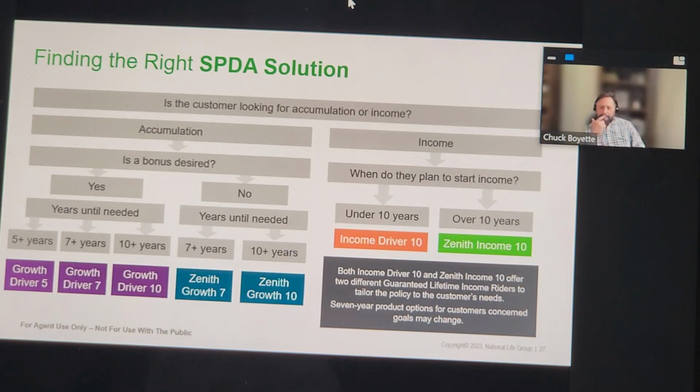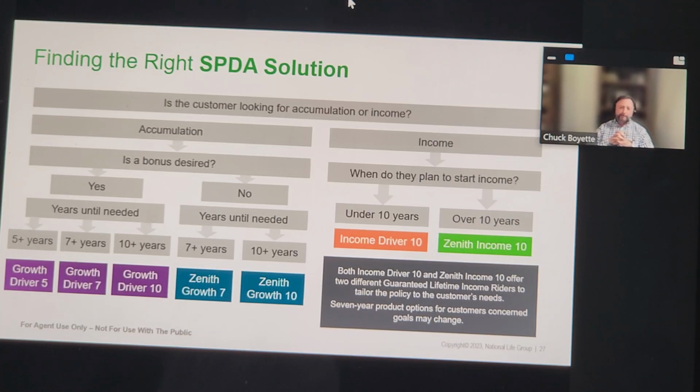So back to our slide where we kicked things off. I think this will make more sense to you now with our SPDA portfolio. Is that you'll have this bridge to use to help your client select the best product for them.